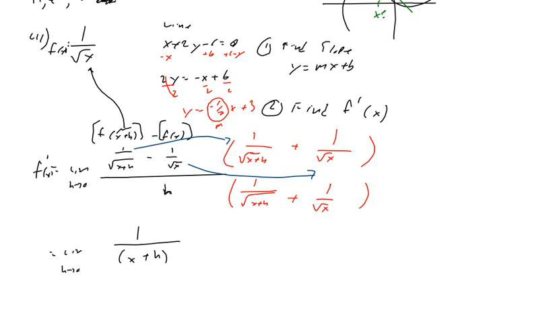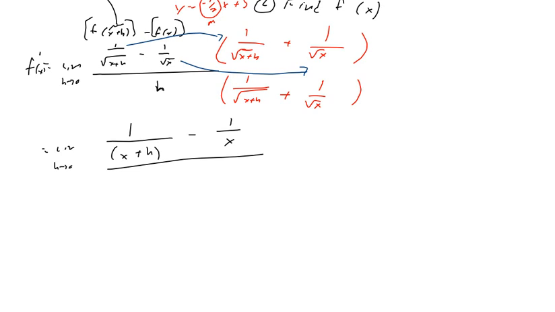Bottom times bottom is x plus h. That's rather nice. And this is going to be 1 over x, h times 1 over radical x plus h plus 1 over radical x. My bottom part's going to be kind of ugly still. But the top part conjugate, that worked out really nicely.